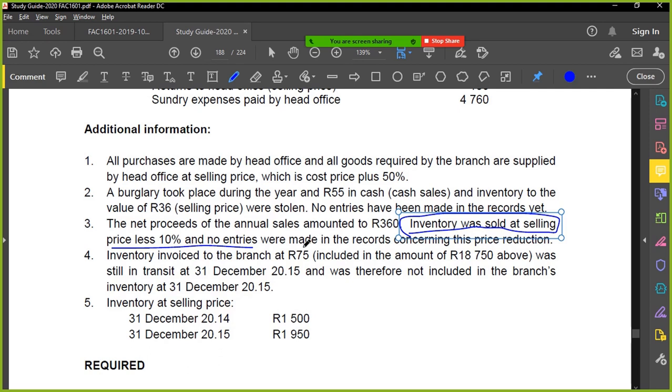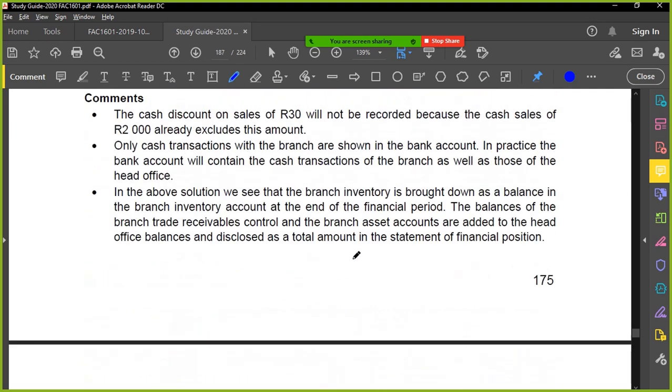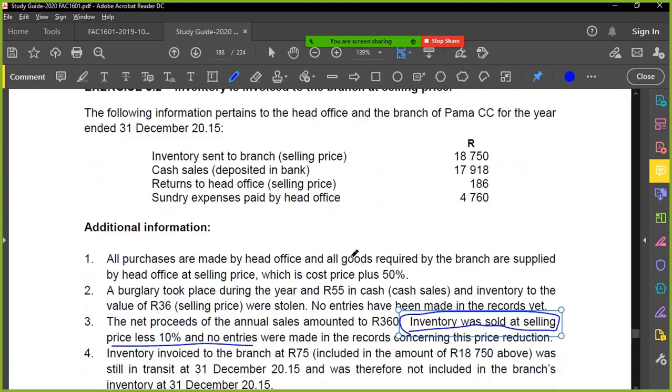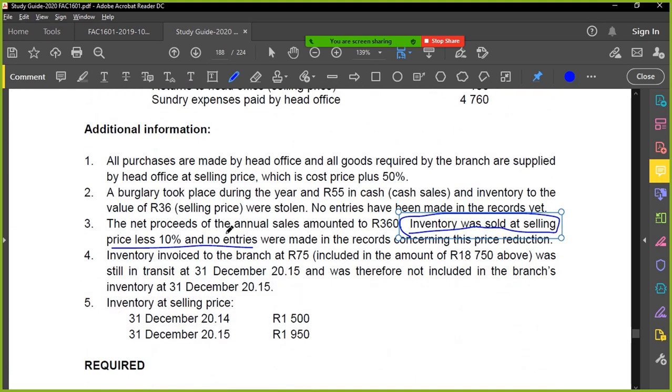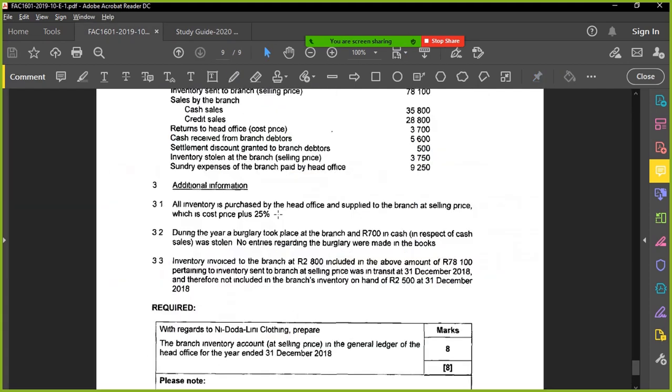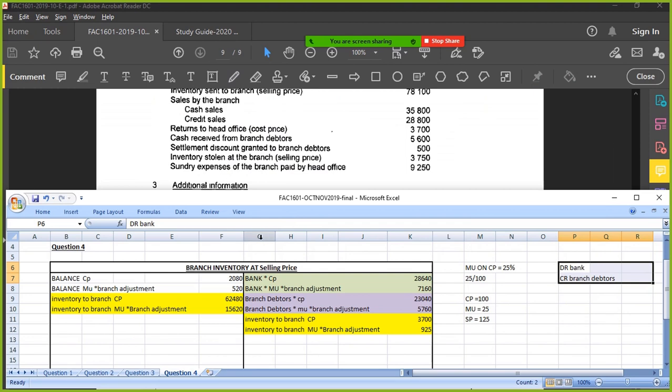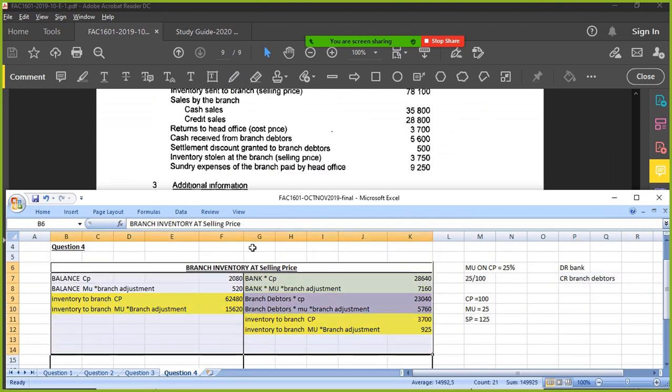Is that right? Yes. There wasn't anything else in this question. So you don't have to worry about discounts that relate to the debtors. It's not relevant. For the branch inventory, only inventory that affects the stock, not the sale.